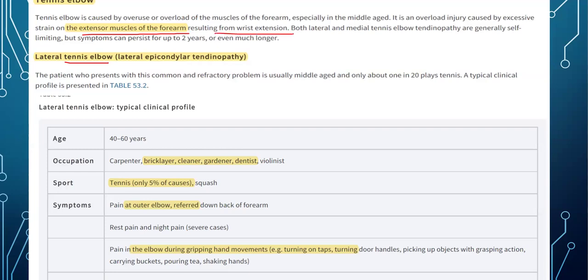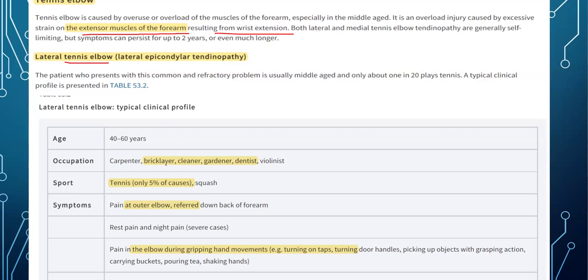So if someone is doing a lot of wrist extension movement, if you are playing tennis, it involves a lot of wrist extension, right? So if the patient is doing any job or playing tennis, which involves a lot of wrist extension, and they come to you with a pain in the outer part of the elbow along the lateral epicondyle, then you can think of tennis elbow.